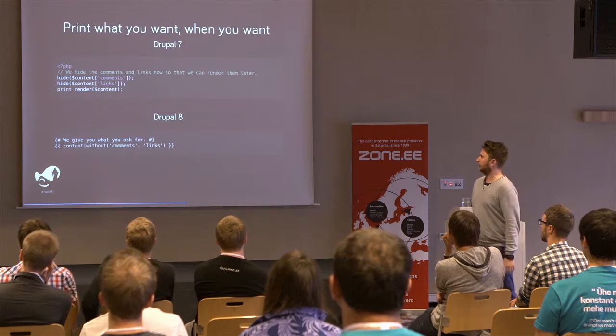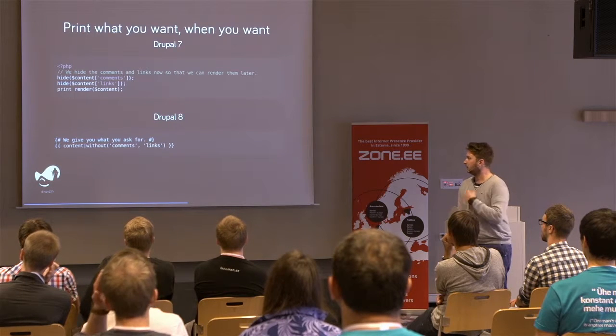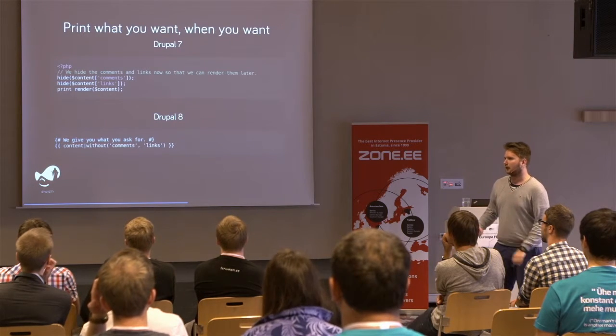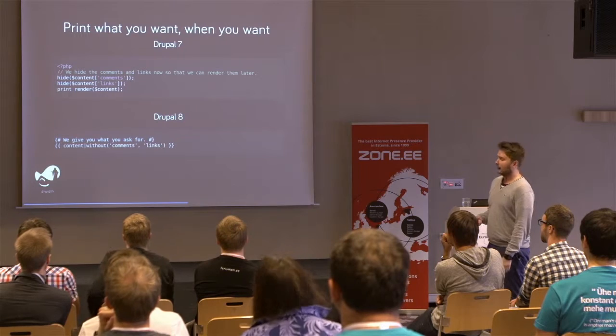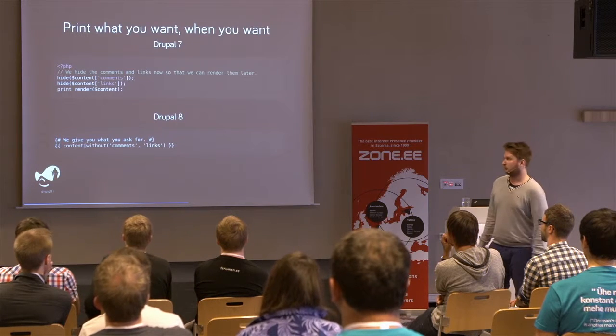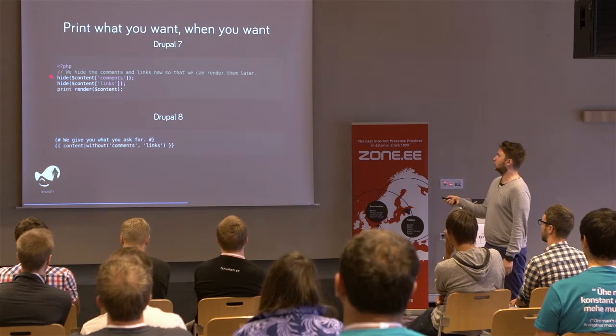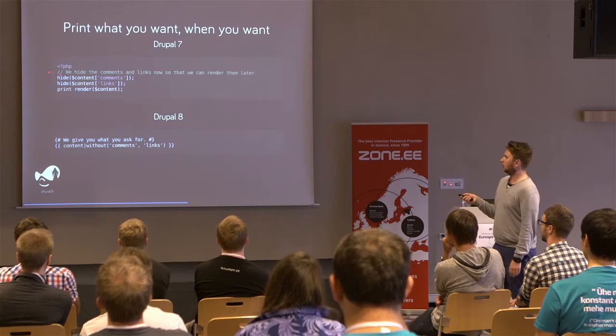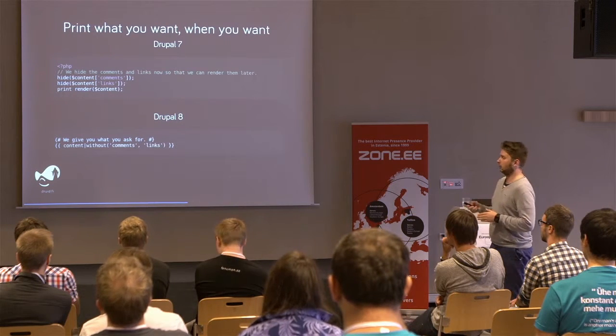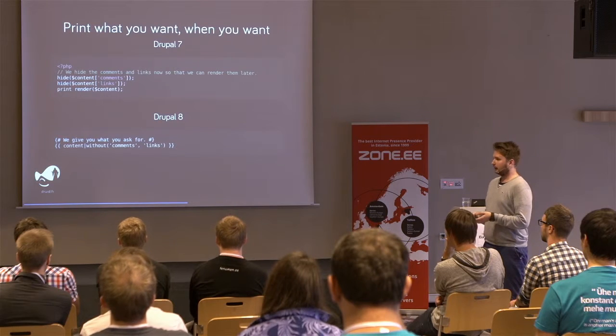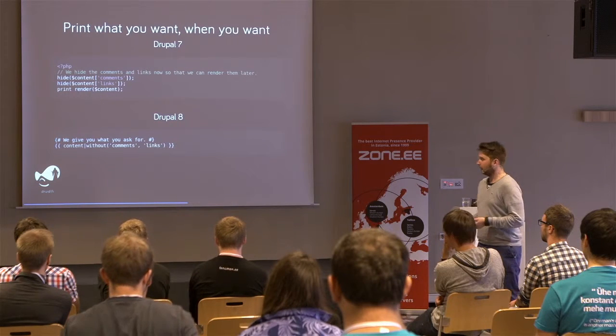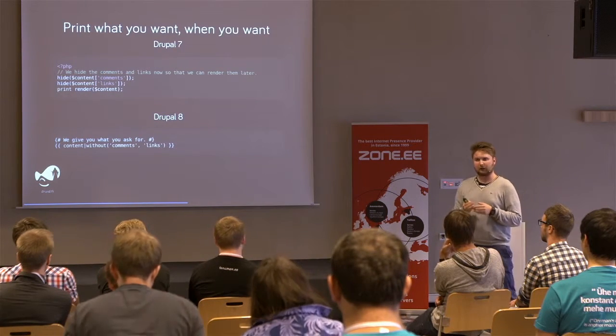Okay, let's move forward. In Drupal 7, when there were render arrays, let's say in the node template, and you wanted to not print something, you had to use the hide function. But the problem with the hide function is that it actually changes the render array.